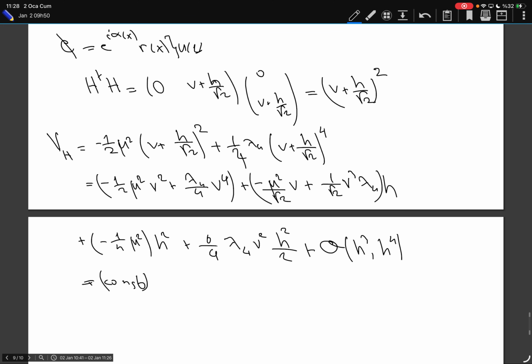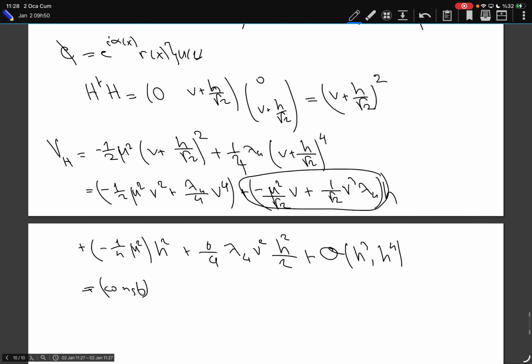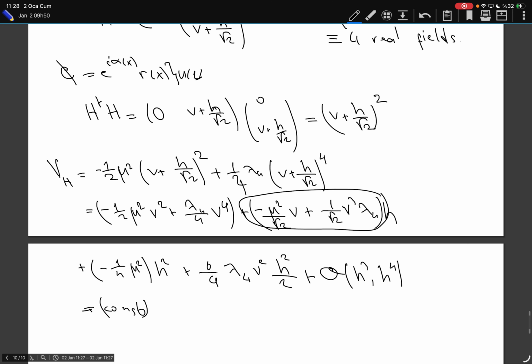Let me look at this term, the coefficient of H. I have this cross term here with 2 over square root of 2. 2 will cancel this 2.